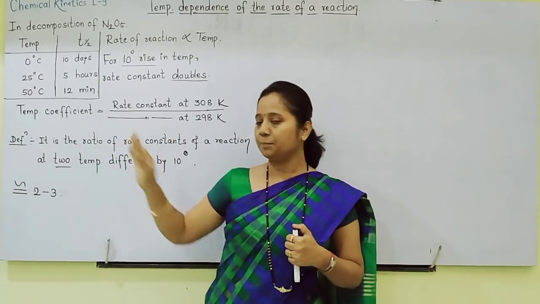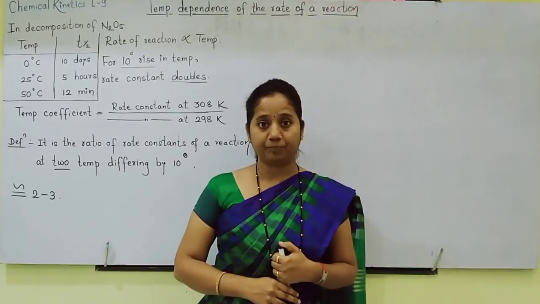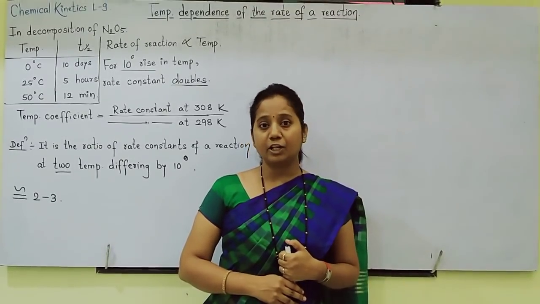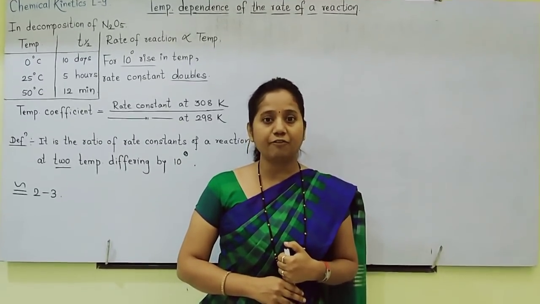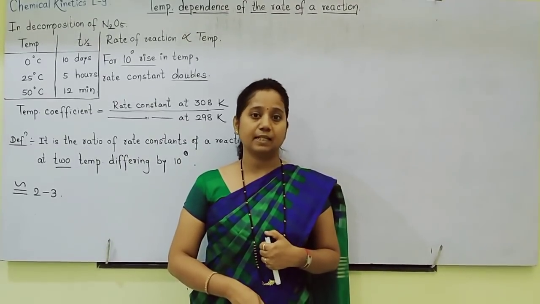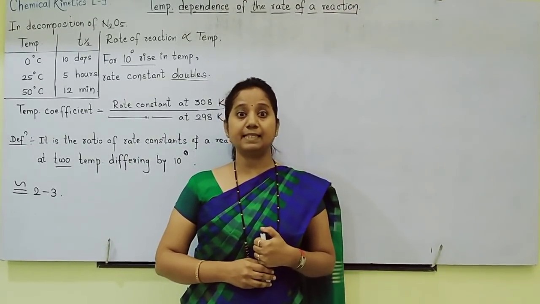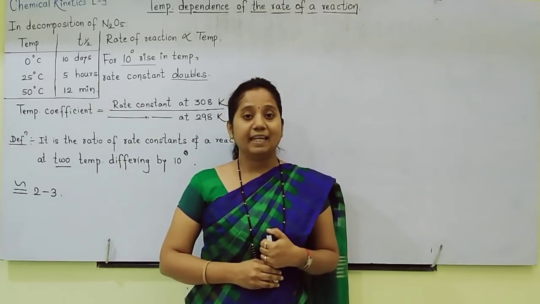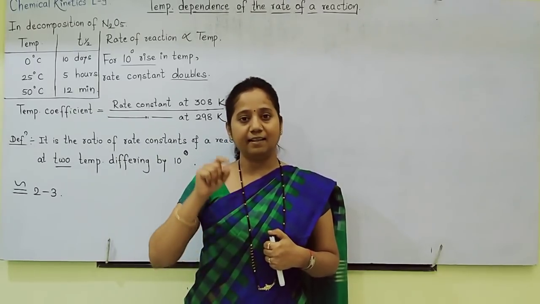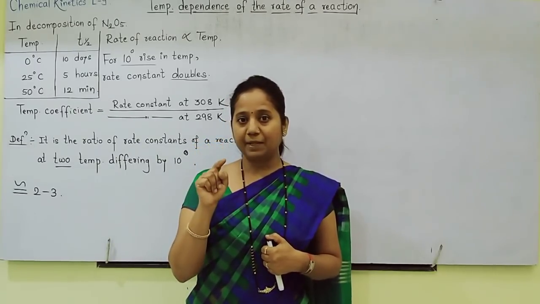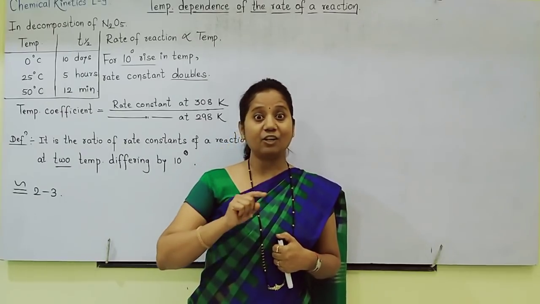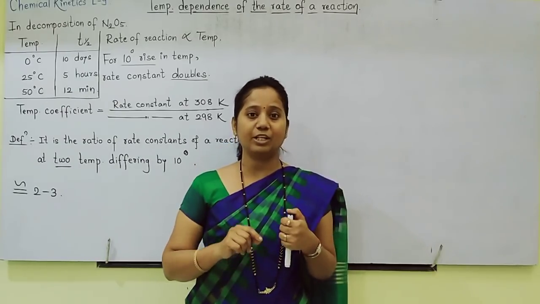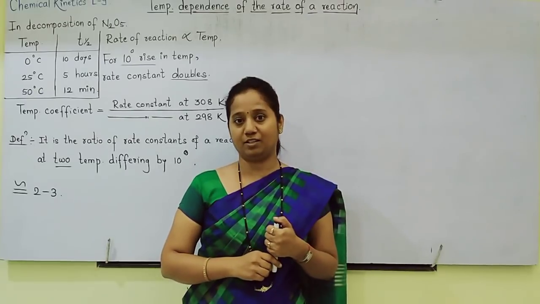So students, the concept of temperature coefficient is over. But the exact relationship of rate of reaction with temperature is given by the scientist Arrhenius. He gave how exactly temperature and rate constant are related to each other by his equation.